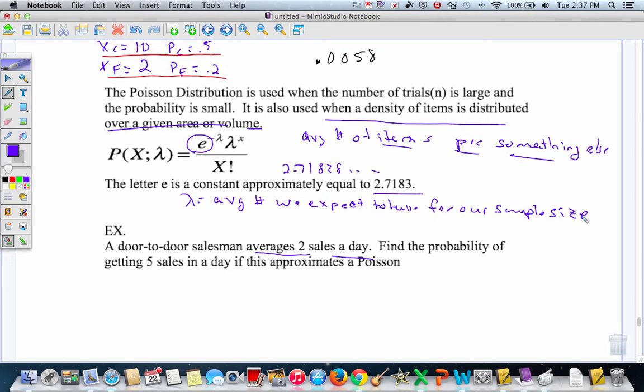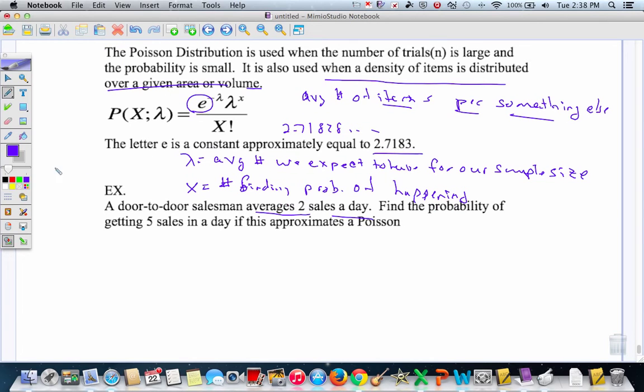Lambda would be how many robberies we expect to happen in a city of 20,000 people, so the average number for the 20,000 people. And then X is the number we're trying to find the probability of happening.